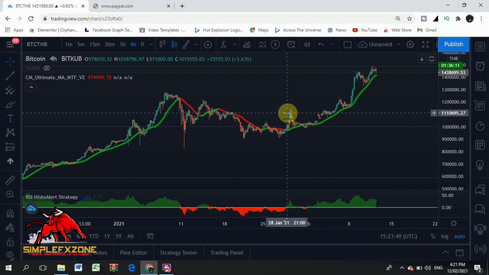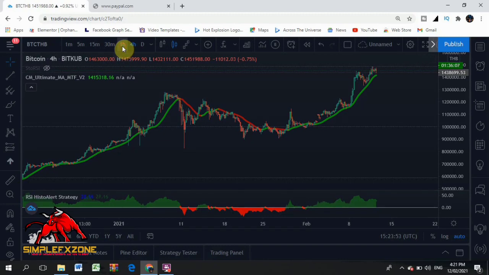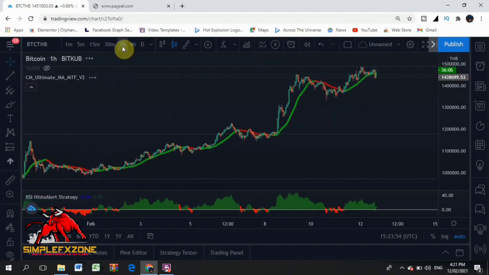So let's go to a different example in a 1 hour, because 1 hour is where we enter most of our trades, and then to get a more accurate trade, you can step it down to 15 minutes, but your main hour should be 1 hour. So when you want to enter a trade, you can step it down to 15 minutes to enter that particular trade.